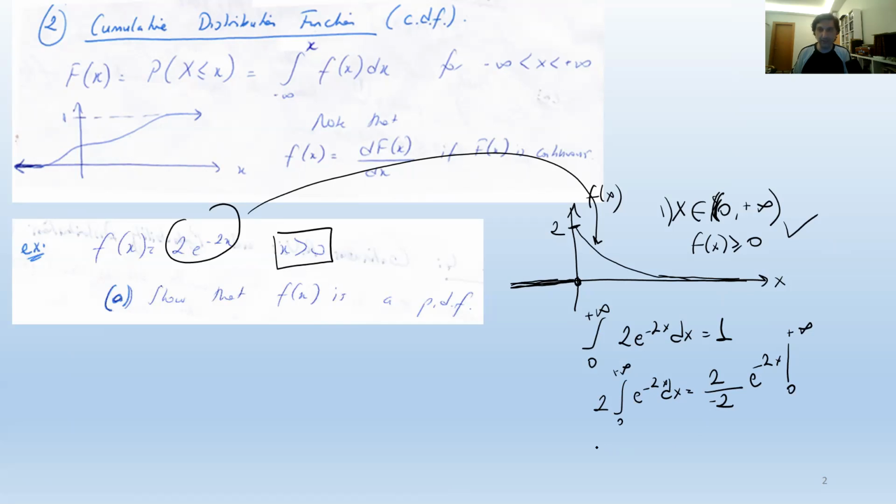This is going to be equal to minus 1 times exponential. As x goes to infinity, 1 over exponential infinity goes to 0, minus what you get when you put 0 here, so the whole thing is going to be equal to 1. Therefore, the given function satisfies the probability density function properties.